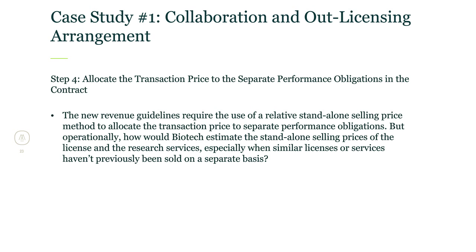So for purposes of our case study, let's say we've determined that it should be 20% for the functional license and 80% for the R&D services, which is estimated to be performed over a 4-year period.